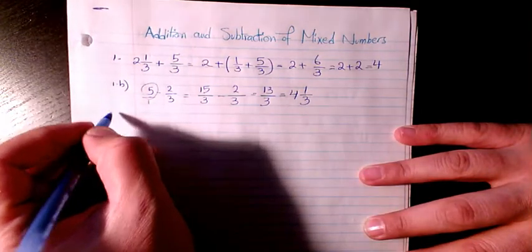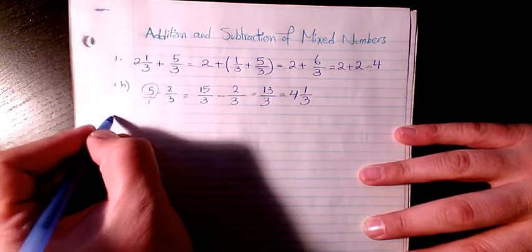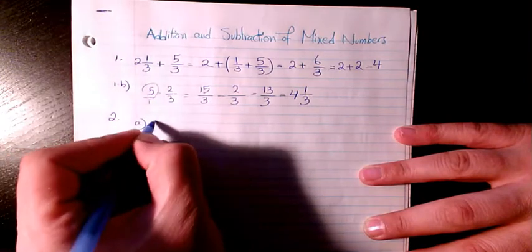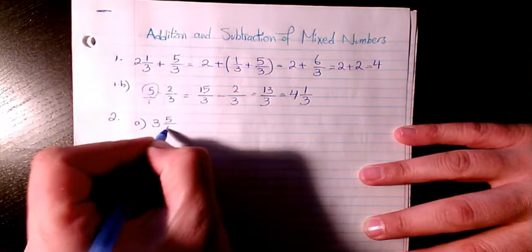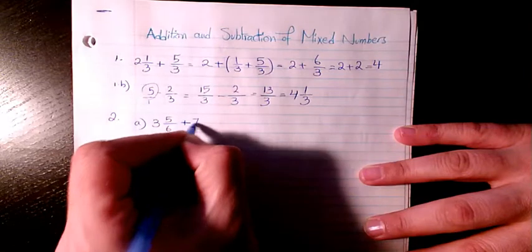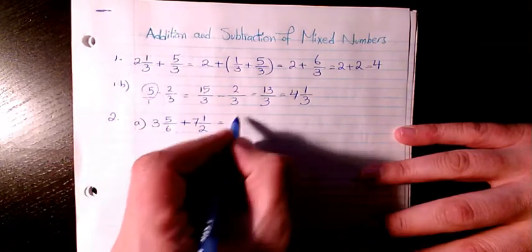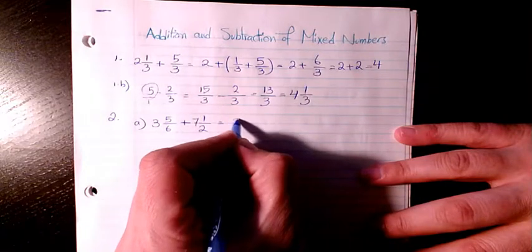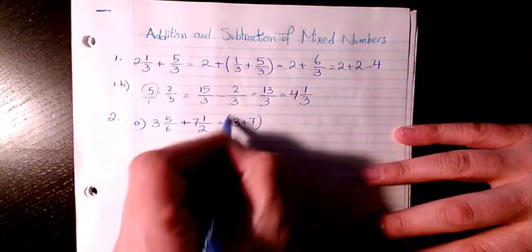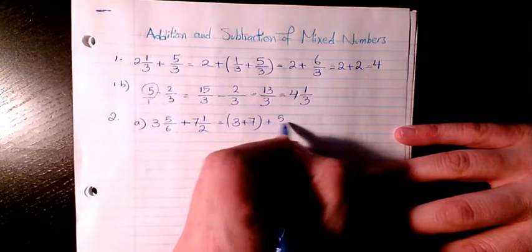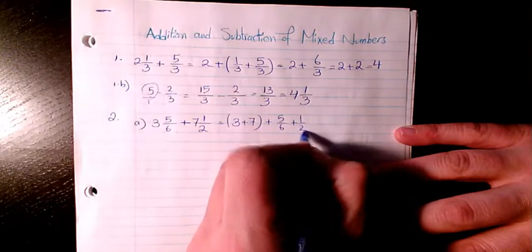Exactly. So next question, 2a. It says 3 5 over 6 plus 7 1 over 2. So what we can do, we can have 3 plus 7, and in here we have 5 over 6 plus 1 over 2.